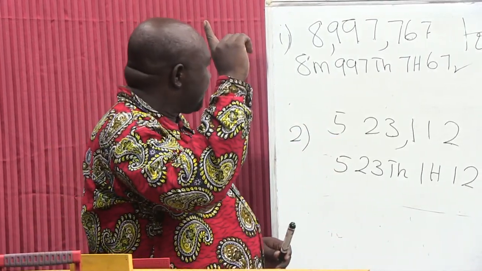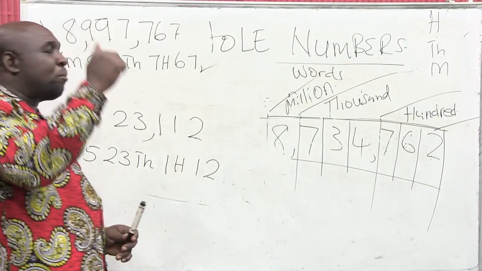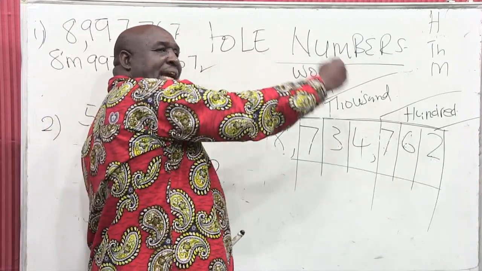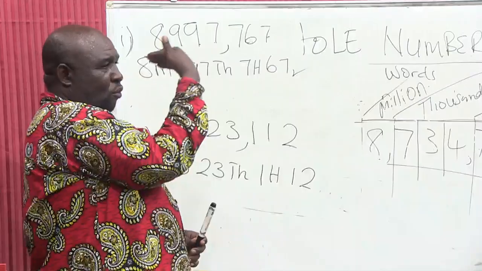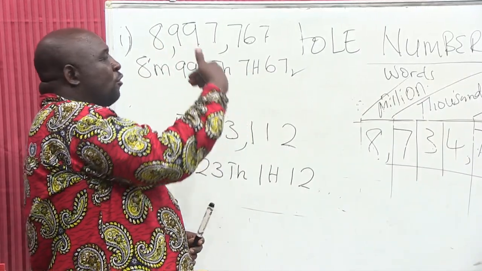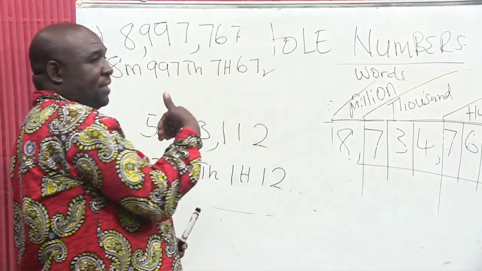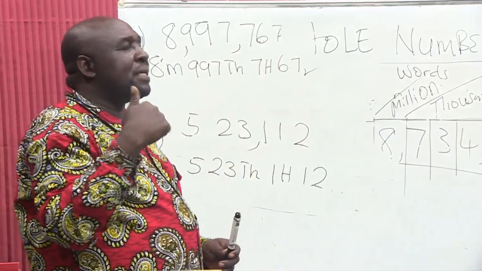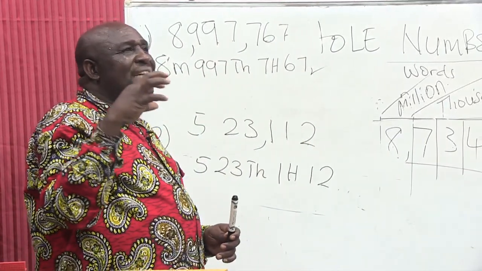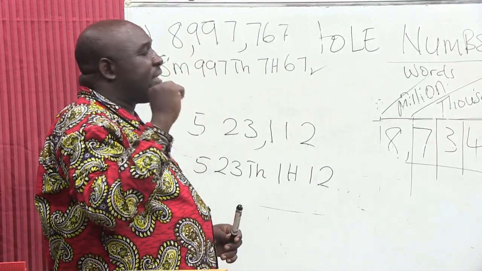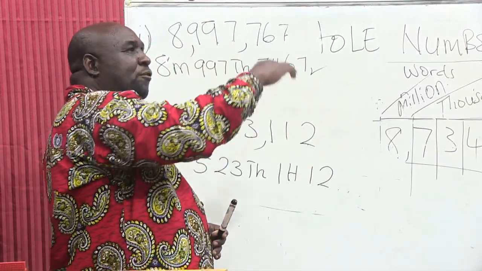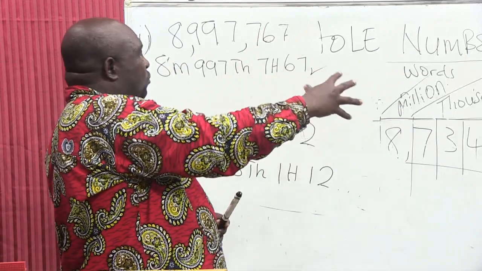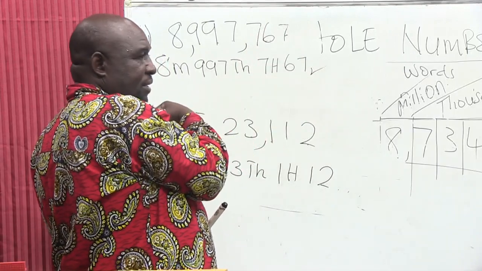Remember, group your number from right to left. The maximum number of digits in each period is 3. So you count 3 digits from right to left.